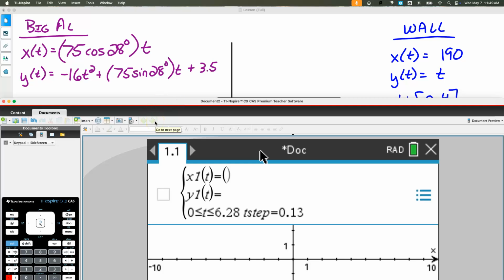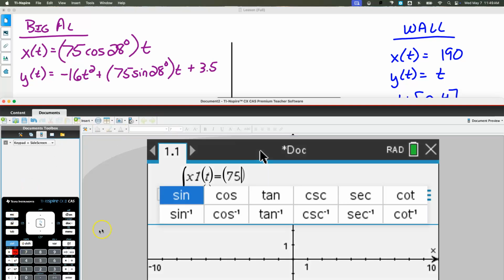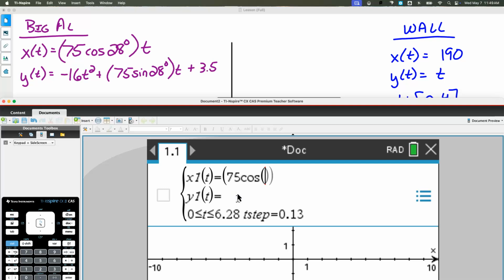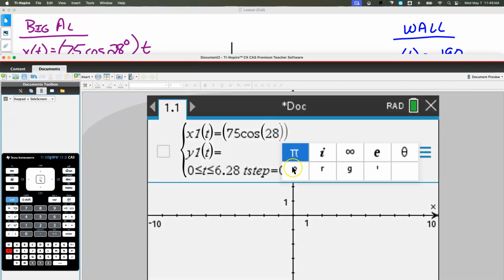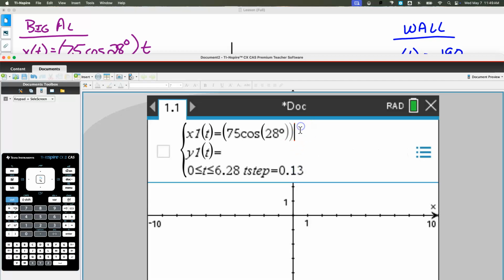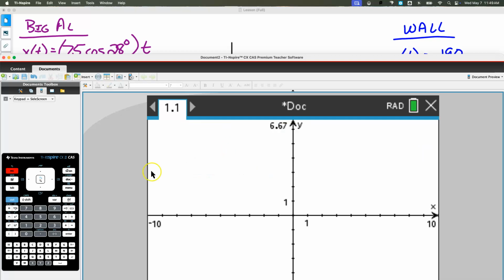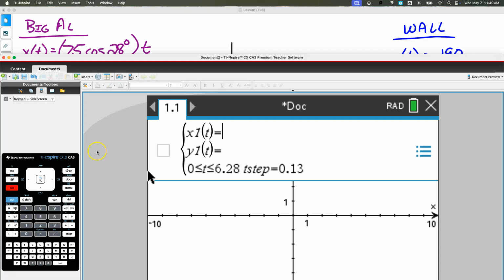Okay. So we've got 75 cosine of 28. Oh, I got to go back up to get the degrees. Times t. And then we've got... I don't know why it's acting goofy.